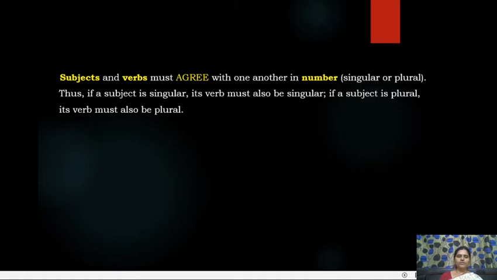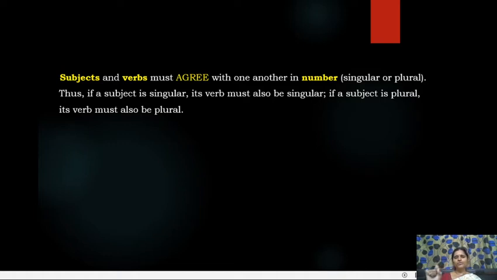Sometimes we may refer to an object and sometimes to a situation. To find the subject, ask: of what or of whom is this sentence speaking? Whatever answer you get becomes the subject of the sentence.